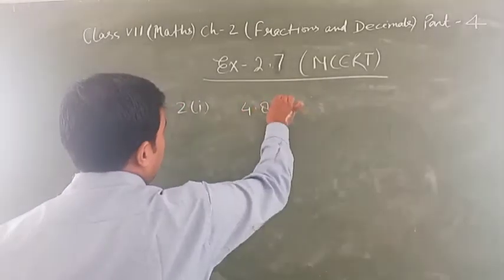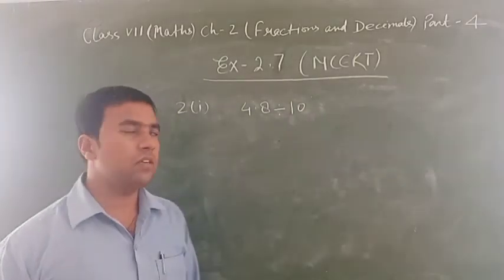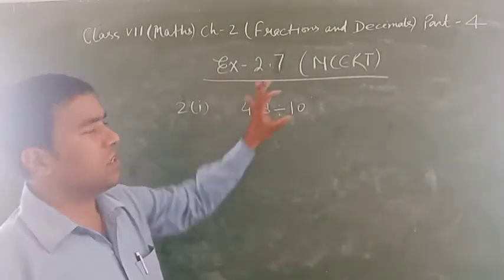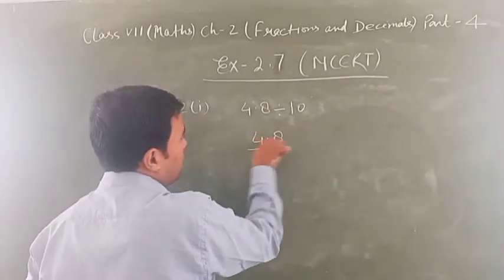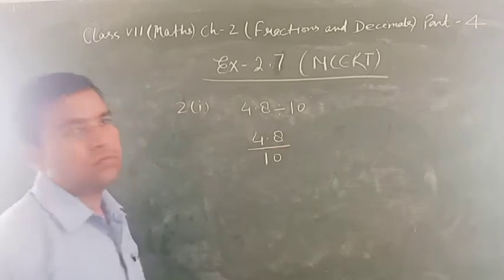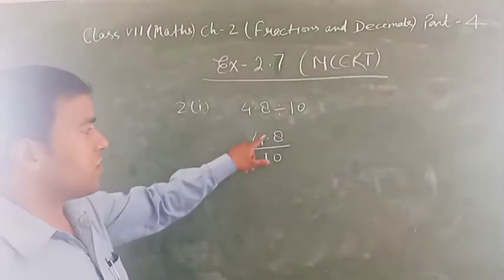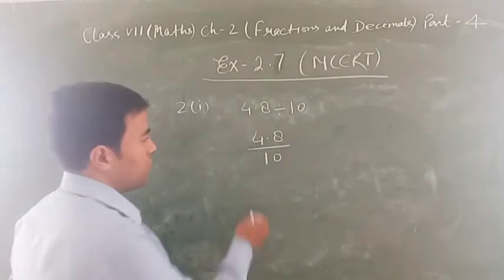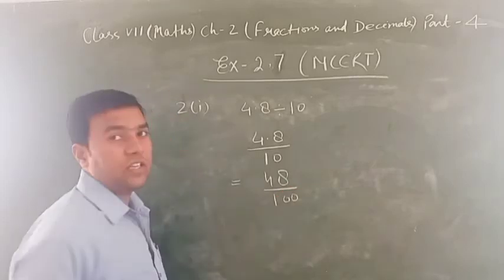4.8 divided by 10. Clear? Do the division, 4.8 by 10. First of all remove this decimal, means 48 by 100 we can write.